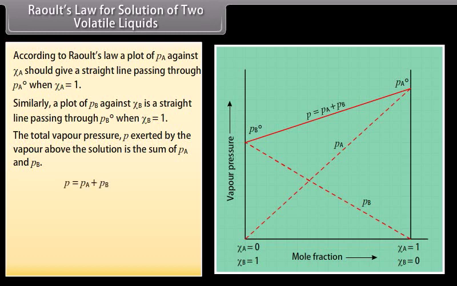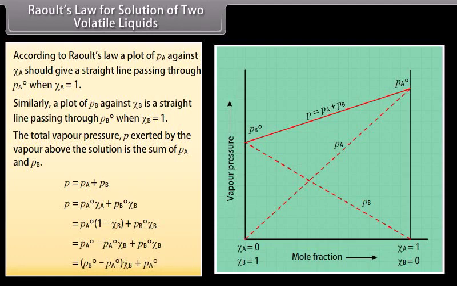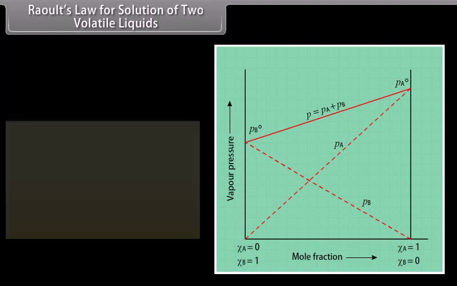P is equal to PA plus PB. By putting XA is equal to 1 minus XB, we get the relation P is equal to (PB naught minus PA naught) multiplied by XB plus PA naught.